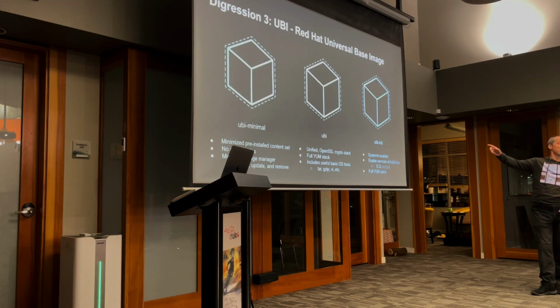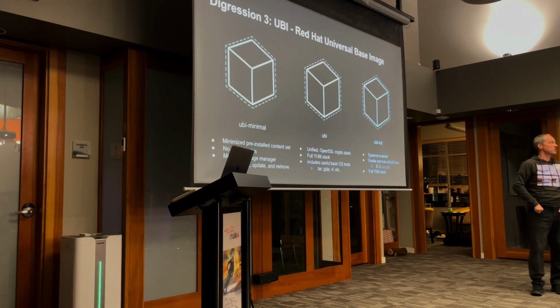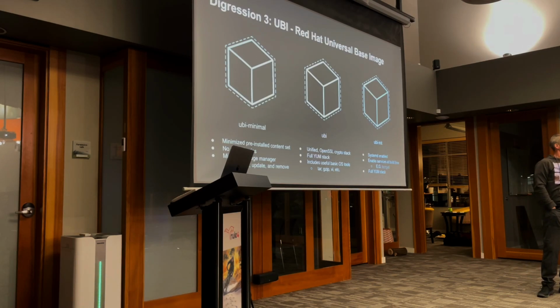So what Red Hat do is they have UBIs, universal base images. They are free for you to use. You don't need a RHEL subscription. Not only that, they're free for you to distribute. Before, if you got a Red Hat Enterprise Linux subscription and used it to put things in an image which weren't available freely, you couldn't redistribute it.